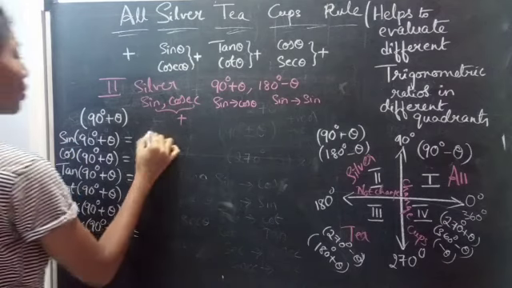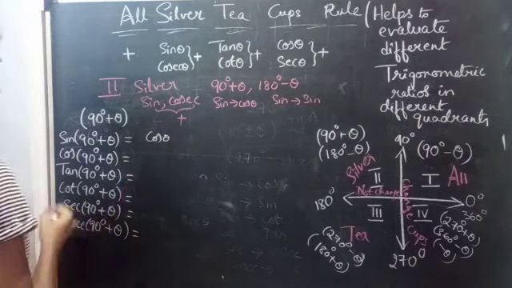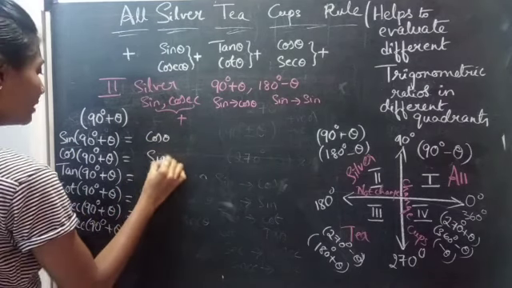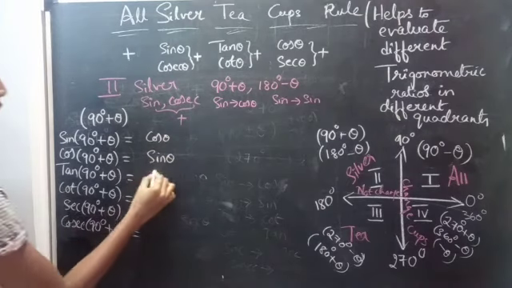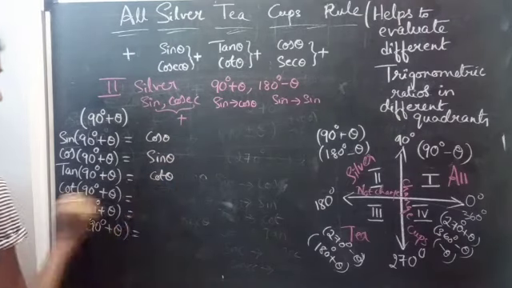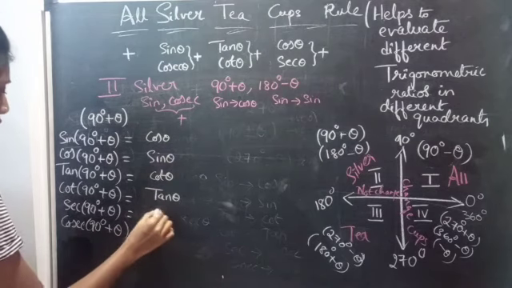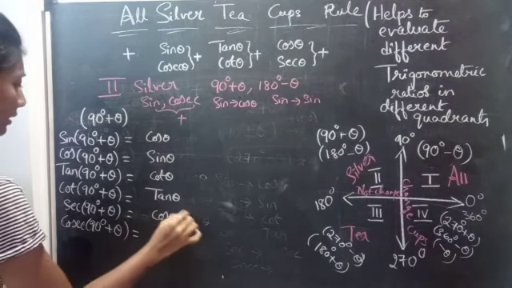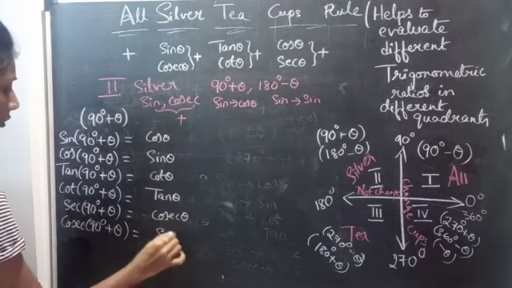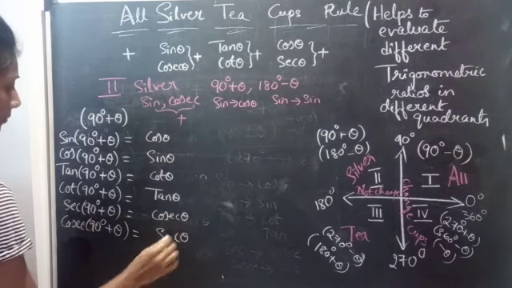Sine to cos theta, cos to sine theta, tan to cot theta, cot to tan theta, secant to cosecant theta, cosecant to secant theta.